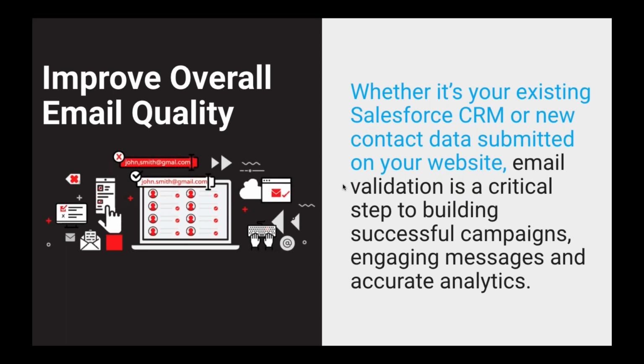A couple high-level statistics that I think are important for people to know when they're looking at their CRM system as a whole. About 18% of consumer emails are going to go bad each year. People are going to change email providers, they're going to stop using an email, and so forth.